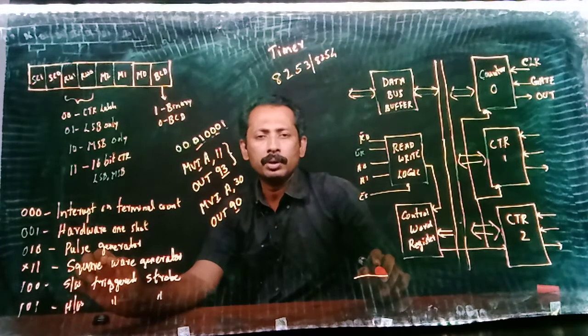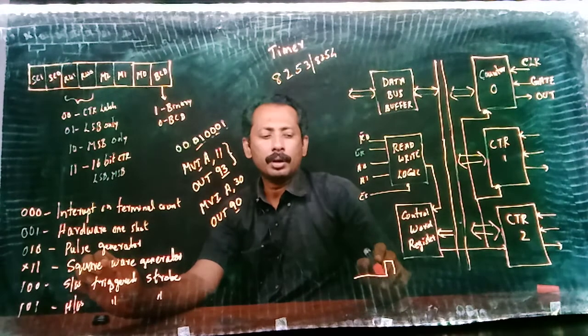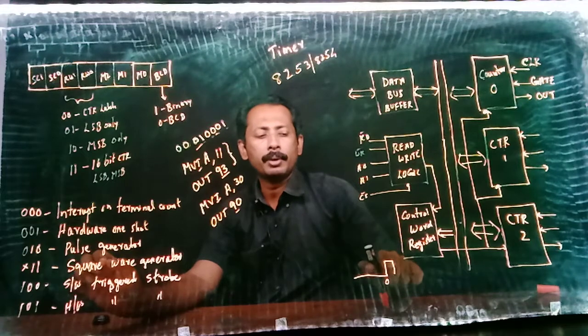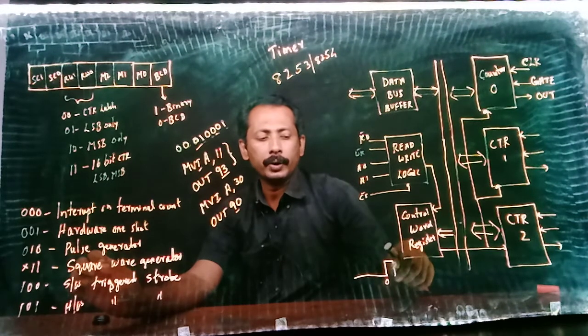When the count reaches 0 it changes state to high. അപ്പോൾ കൗണ്ട് 0 ആയി കഴിയുമ്പോൾ ഔട്ട് പിന്നിൽ സ്റ്റേറ്റ് മാറി ഹൈ ആവും. ഓക്കെ, അപ്പോൾ അങ്ങനെ ഇത് ഹൈ ആയിട്ട് കണ്ടിന്യൂ ചെയ്യും.